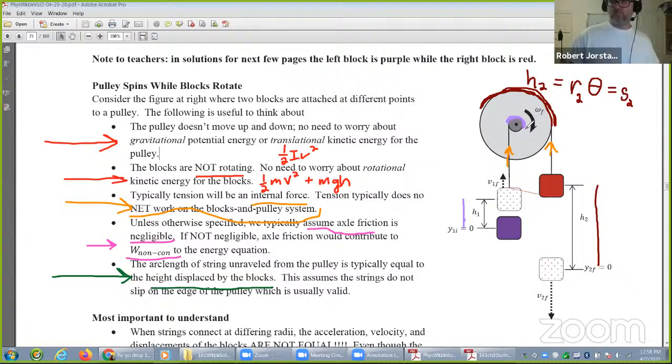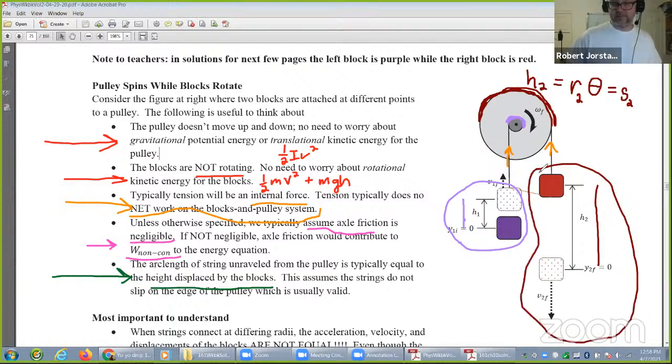Now look at this. Do you see they both rotate by about half of a circle there? Let's say this thing rotates 180 degrees. If the pulley rotates 180 degrees, the purple block, or number one over here, is only going to move up a couple of centimeters, whereas the red block is going to fall down many centimeters.